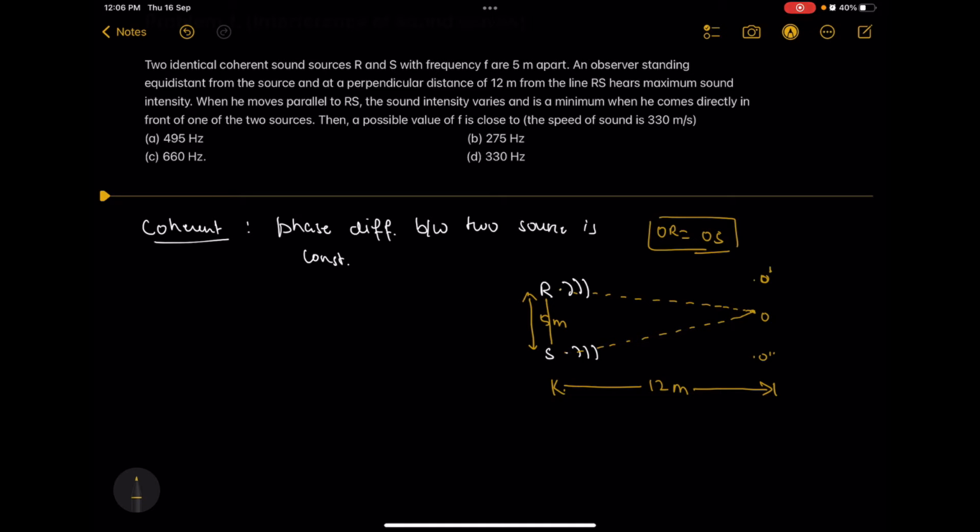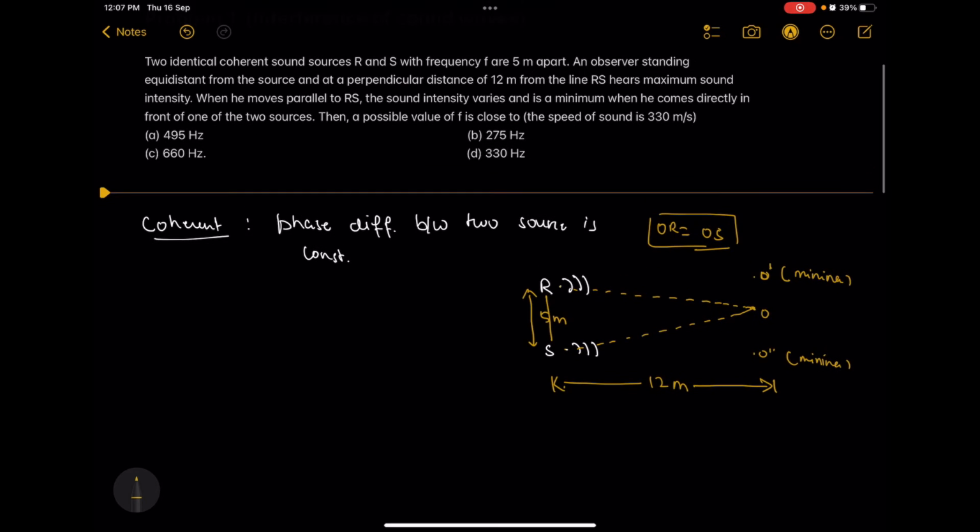So at those positions the superposition happens in such a way that there is destructive interference, a minima of the sound intensity. So what I want to know is the possible frequency of both the sound sources.